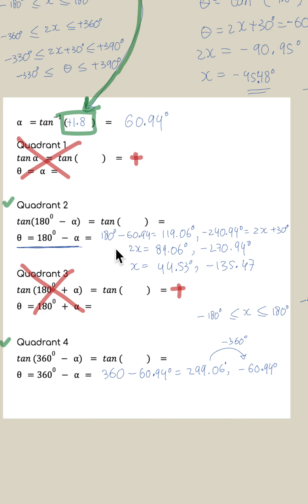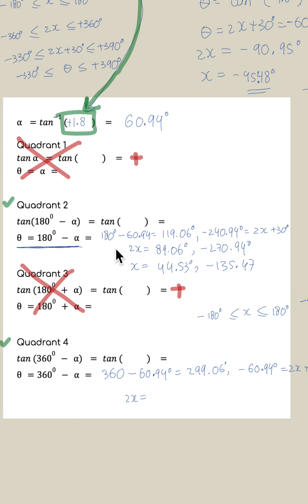Now, don't forget, this is actually 2x plus 30. Then the value of 2x itself, you can calculate. You can minus 30 degree from each of them.